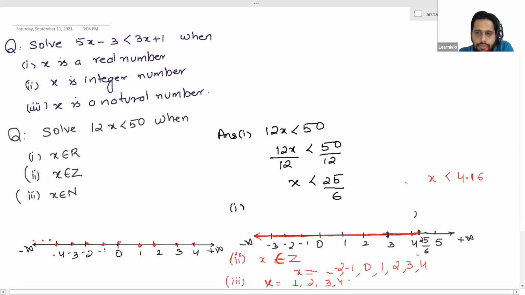Okay, good. So please plot this on the number line, draw a number line, and just mark 1, 2, 3, 4. Please confirm once you plot this, then we will start the next topic.